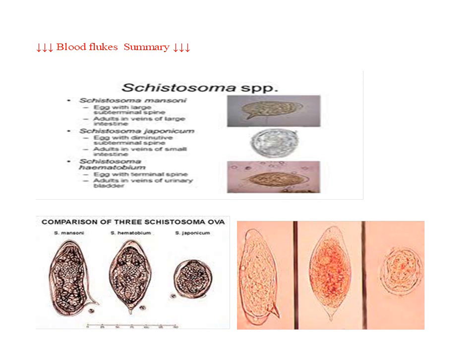Briefly, we can summarize how we diagnose and differentiate between all these species in the laboratory using the egg stage. We can see here in this shape, the upper egg is Schistosoma mansoni with a large lateral spine.